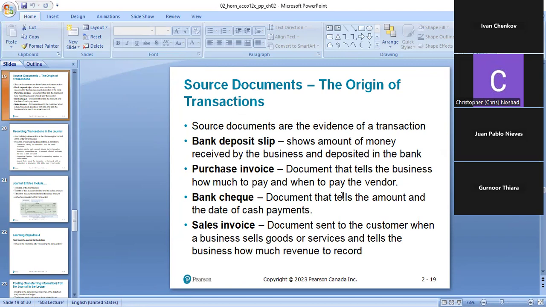We're going to get the purchase invoice. The business from where you're purchasing is going to give you a purchase invoice. In some instances, when you're purchasing at the superstore, pay attention. The receipts that come from the cashier or from the machine serve as an invoice. Why? Because it has all the elements that the invoice should have. It has the name of the company.